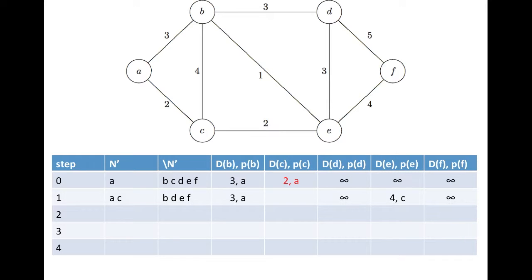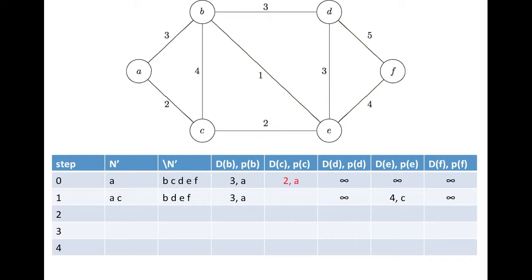Shortest way to reach node B is through A. So D(B) is 3. p(B) is A. We ignore node C since we already know the shortest distance to reach it from A. We still can't get to node D because we've only reached nodes A and C, and there is no straight path to D from A or C. We put in infinity.